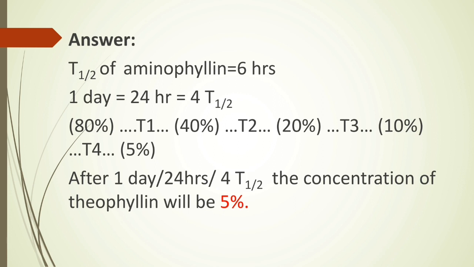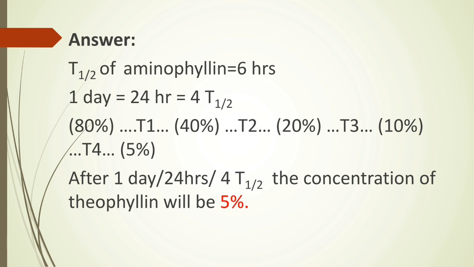So after the first half-life, 80% will be reduced to 40%, and after the second half-life, 40% will be reduced to 20%.